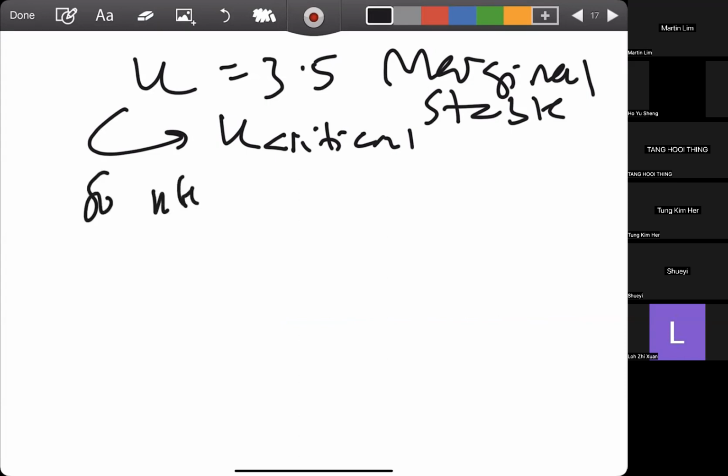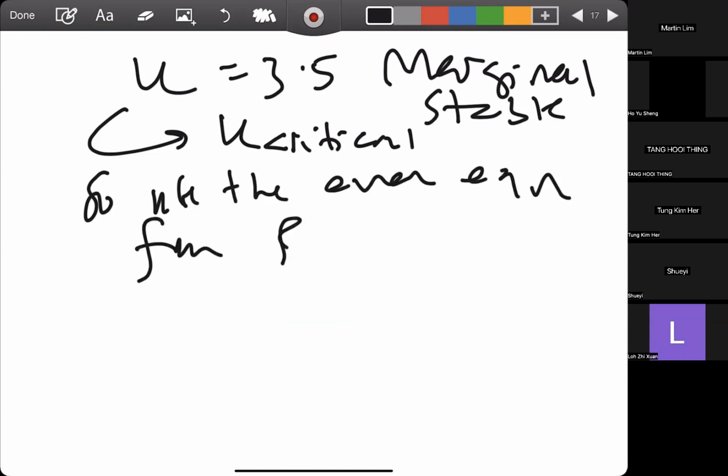So use the even equation, which is from the RH table.